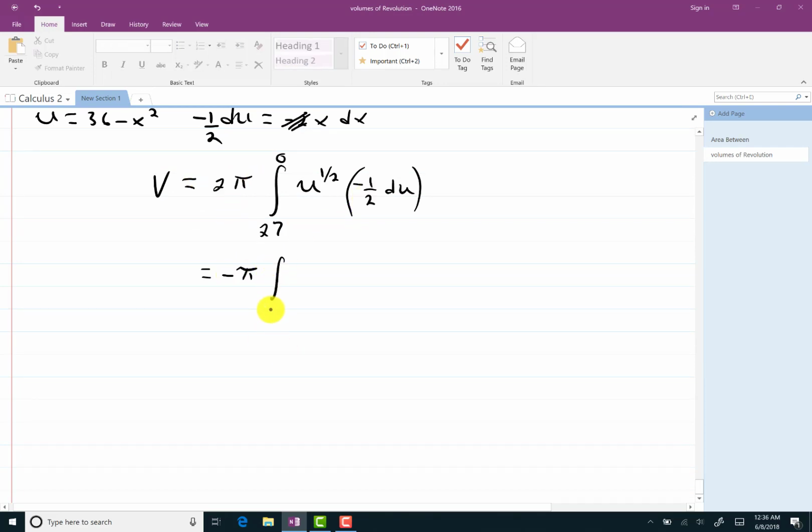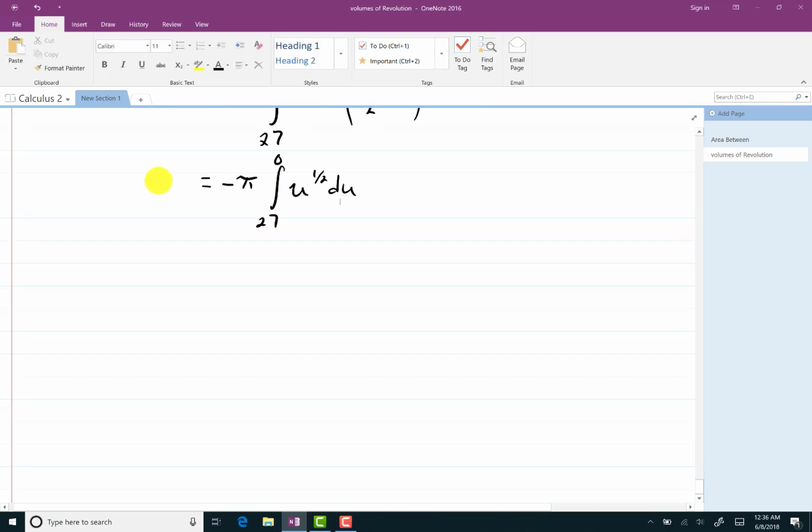The integral goes from 27 to 0. U to the 1/2 du. And of course, hopefully you remember that I can turn the limits of integration upside down if I make it the negative of the integral.